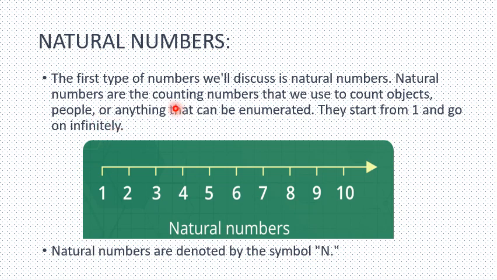So the natural numbers start from 1 and go on in continuation. You can see in the image over here how we denote these numbers. The natural numbers are denoted by the symbol N.